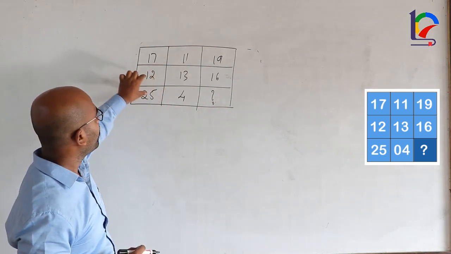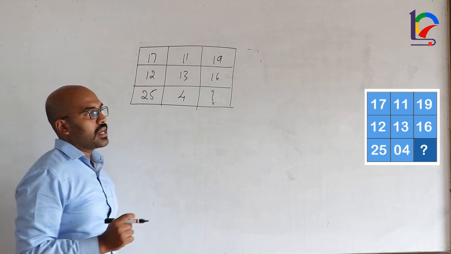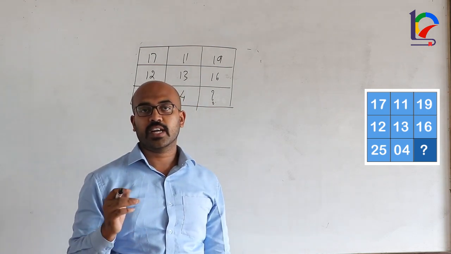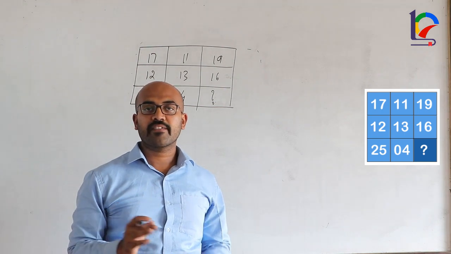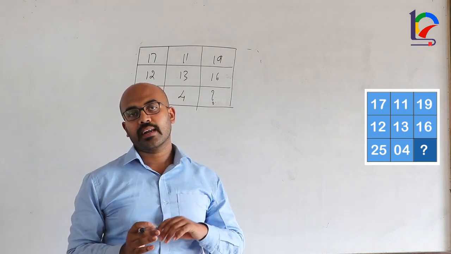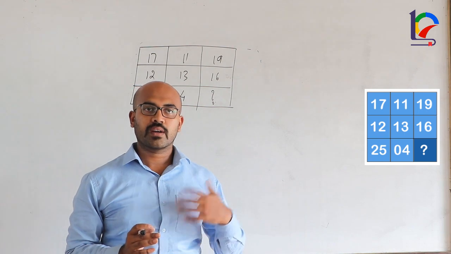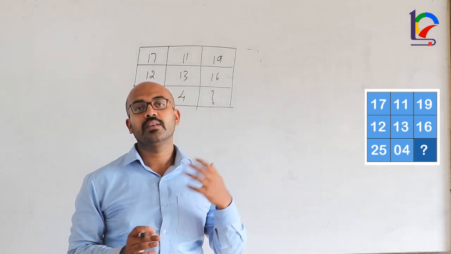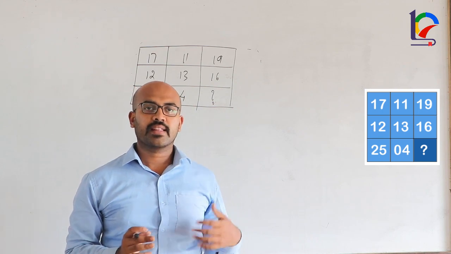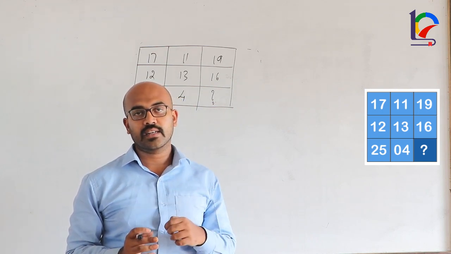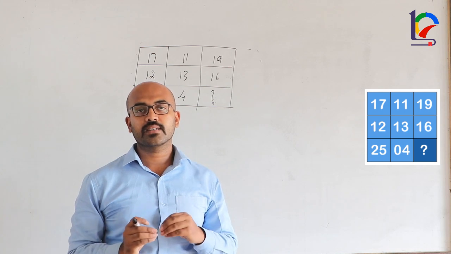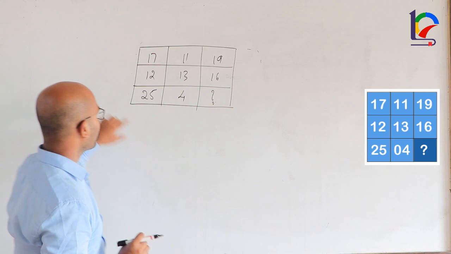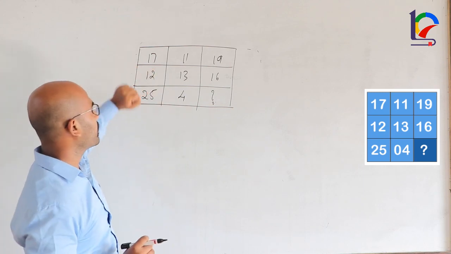Here, there are a few rules or ways by which you can solve this. It's not that you don't have any other sequence or techniques to find it. They can give you any technique, but if you know a few of the techniques, the rest will be based on the same thing.